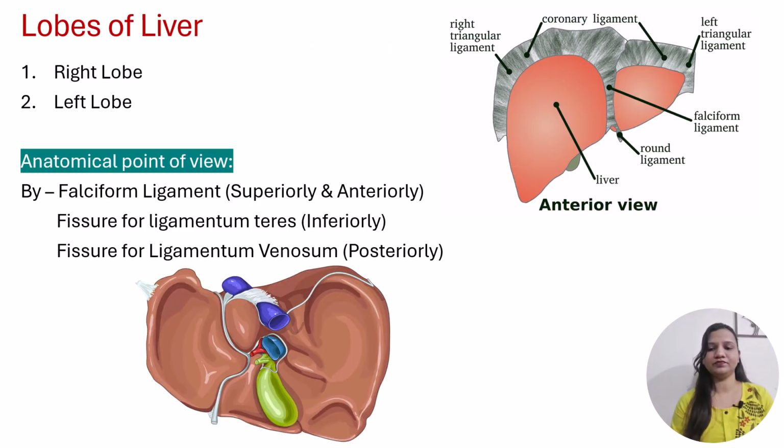Moving on, now we will see the lobes of the liver. So there are two lobes of the liver, the right lobe and the left lobe, but the divisions of these two lobes are different according to different perspectives.